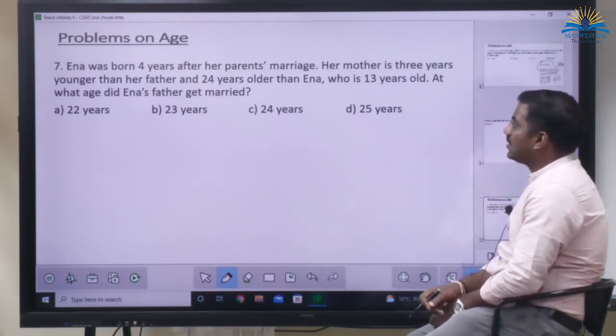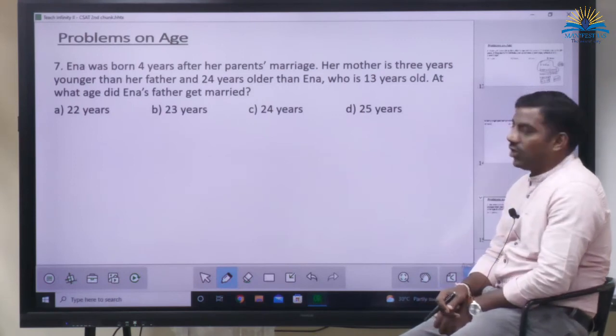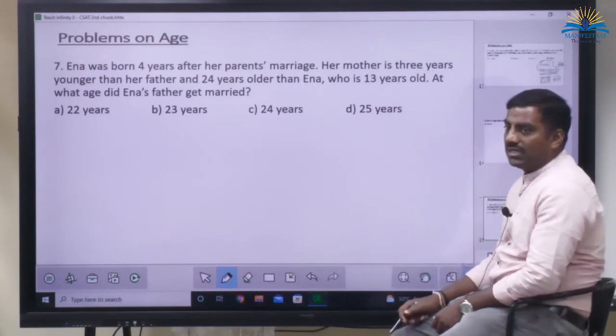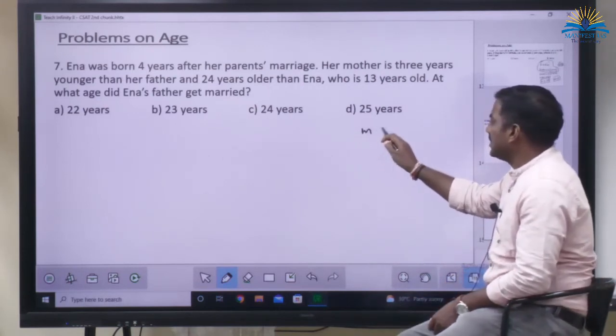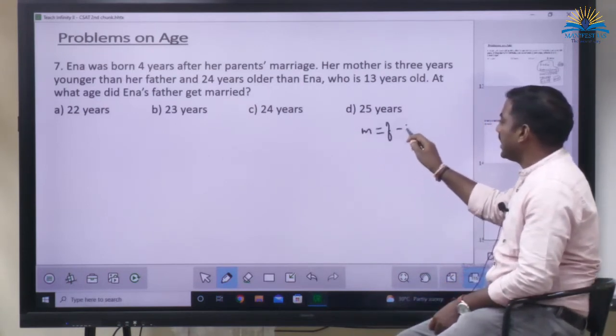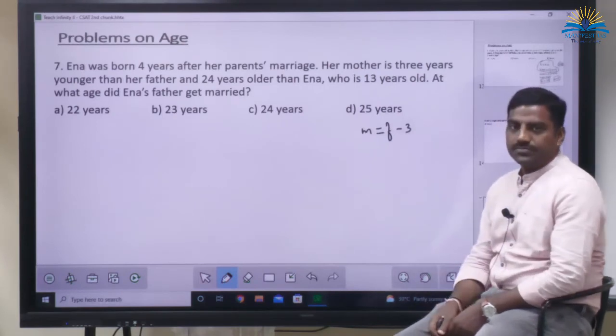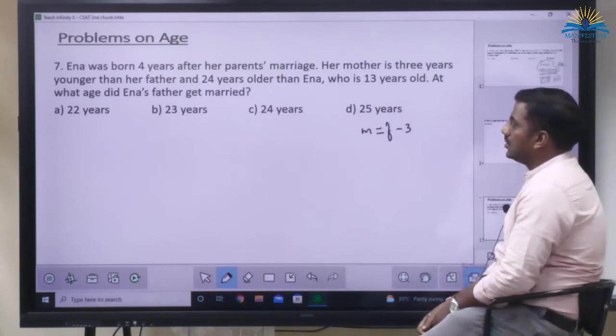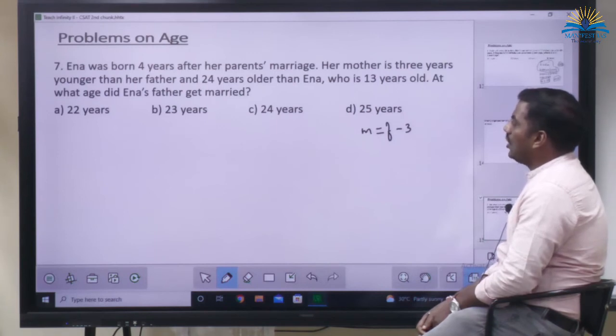Her mother is 3 years younger than her father. Yeah, this is done. We can construct an equation here. Mother is 3 years younger than father. Yes or no? Younger than her father and 24 years older than Ina.